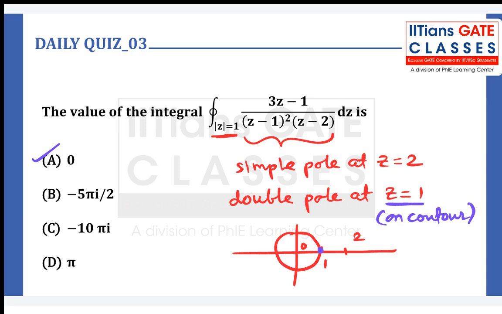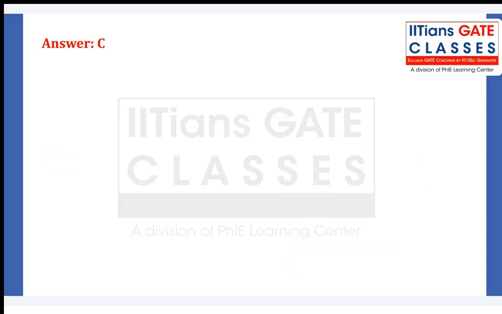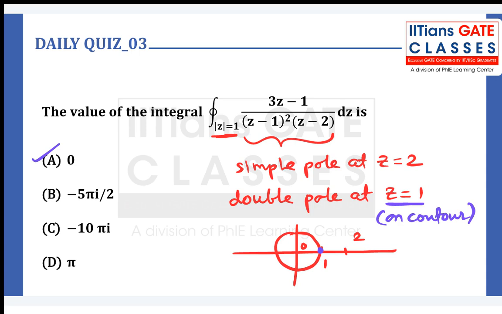But since here they have given you a non-zero answer, the question should be complete. They don't usually do it, but the additional part that they should clarify is to assume that z equal to 1 has non-zero residue.